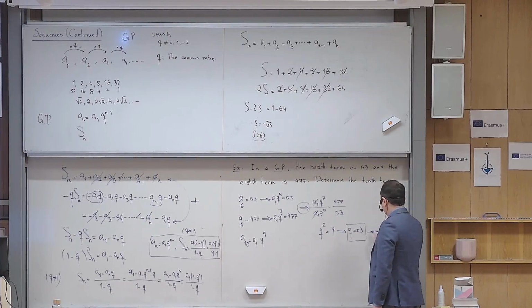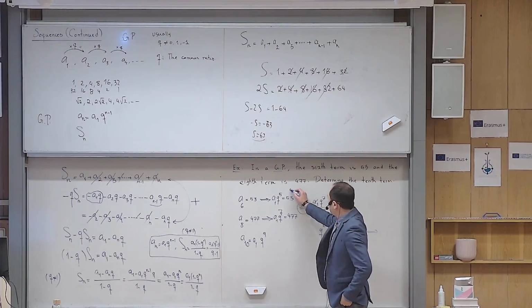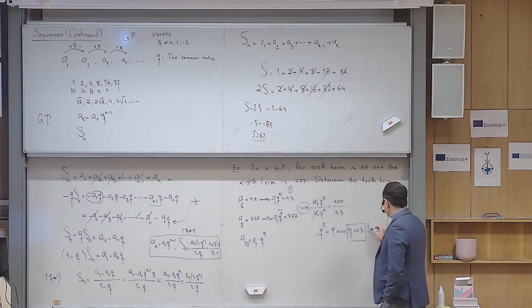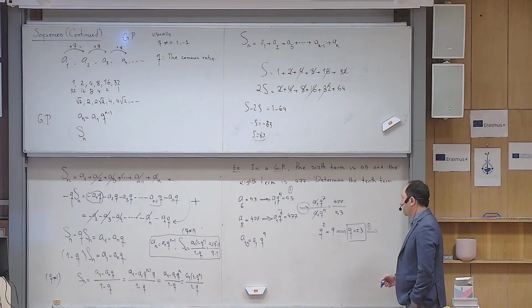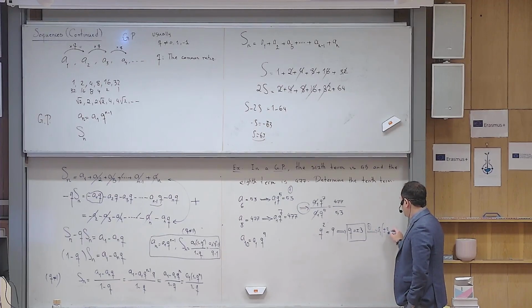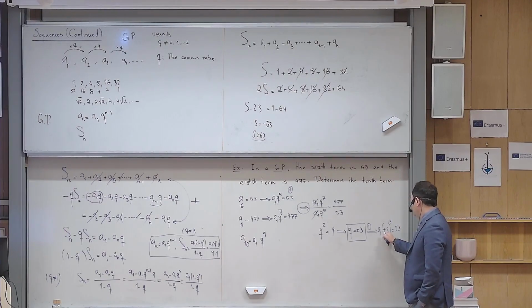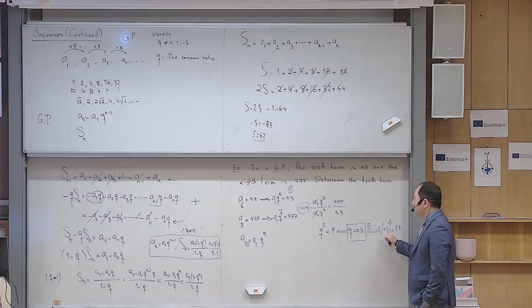So let me write equation number 1. If I put this in equation number 1, what happens? So this becomes A1, which I don't know, times Q, either plus or minus 3, to the power of 5, is equal to 53. So this number to power 5 is 243, positive or negative, because the power is odd.